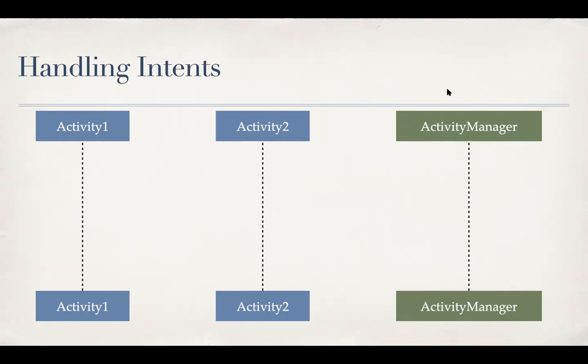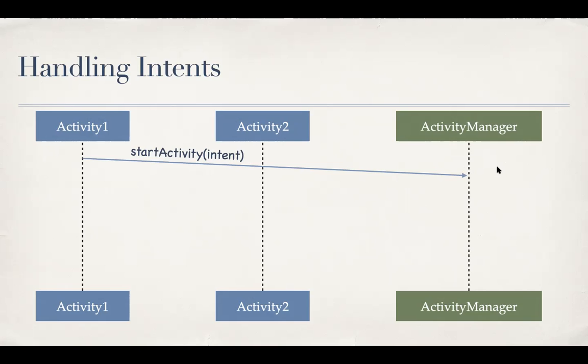So let's say activity one wants to invoke activity two. Whether it knows about activity two or not, it will call this method startActivity and pass it the intent and perhaps some other parameters. This message goes to the activity manager on the OS.